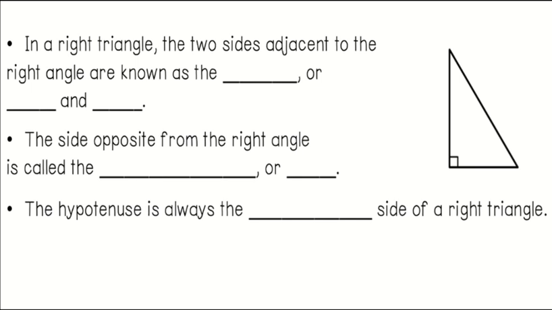All right, so start with, in a right triangle, the two sides adjacent to the right angle, those are known as the legs. Adjacent means they're the ones touching the right angle, so they're the ones that make the right angle.